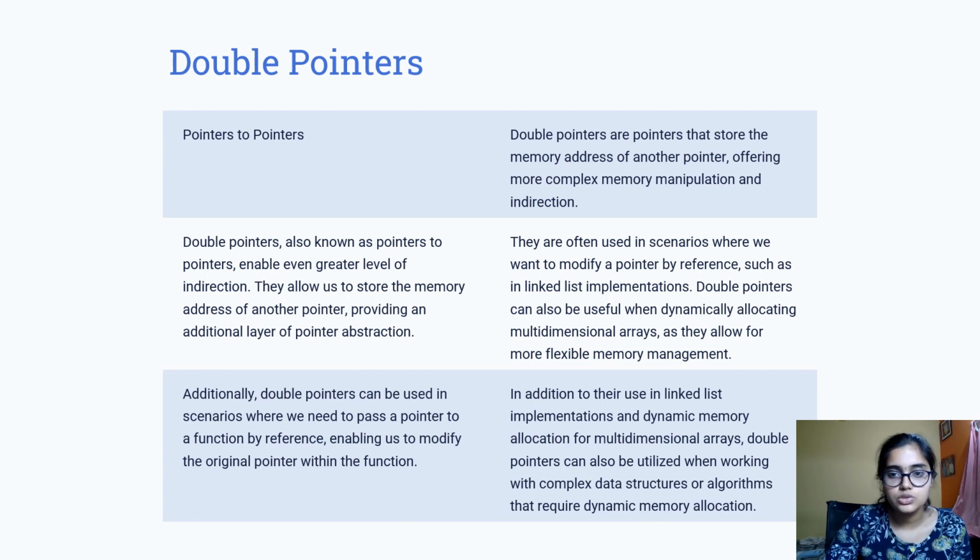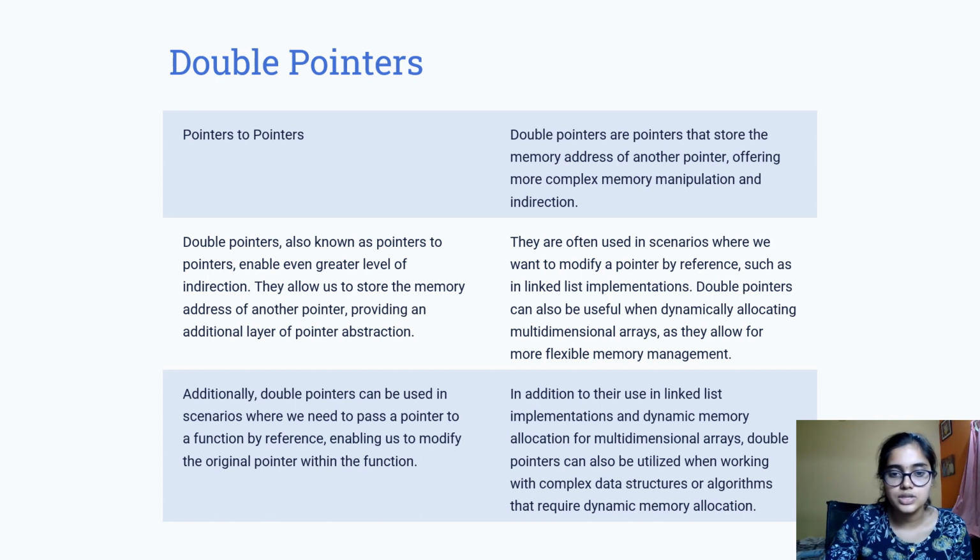They are often used in scenarios where we want to modify a pointer by reference, such as in linked list implementations. Double pointers can also be useful when dynamically allocating multidimensional arrays, as they allow for flexible memory management.